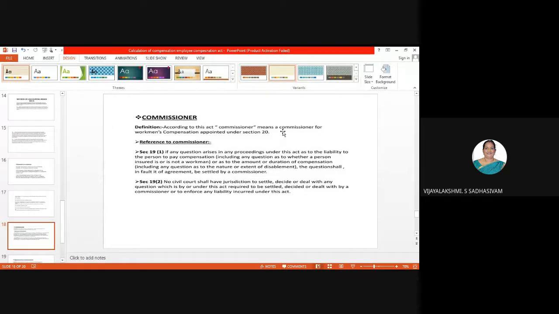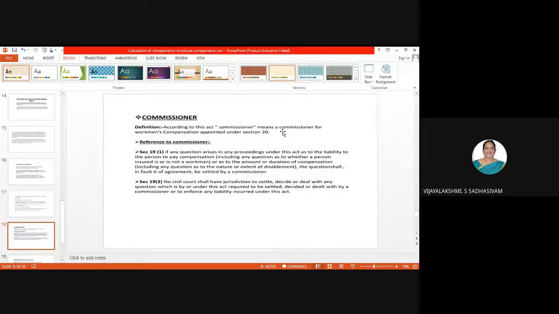So if any question arises in any proceeding under this Act, for example in the calculation of the liability, what amount of liability is to be paid as compensation, or any question with respect to whether the workman is insured or not, or the total amount and duration of compensation, that question can be settled only by a commissioner.